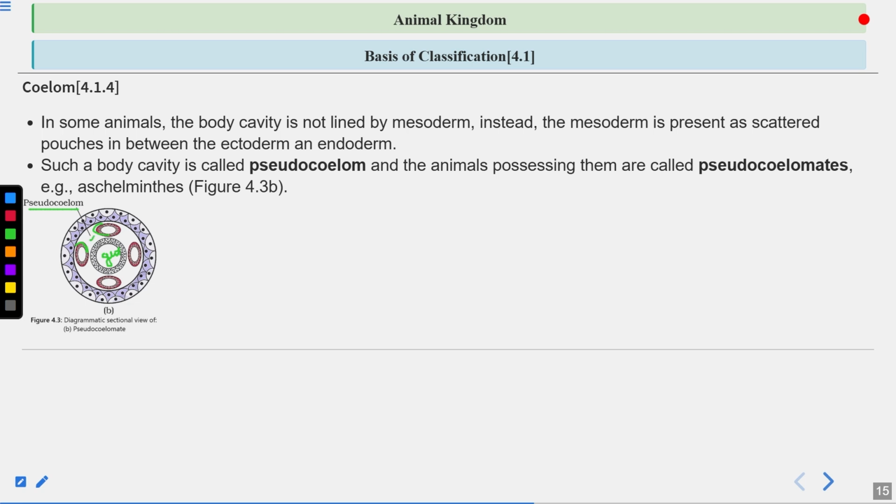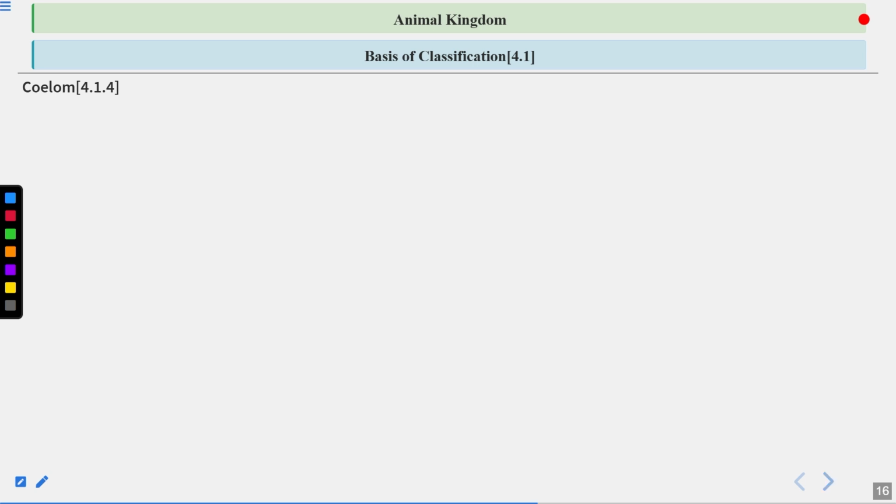So these body cavities are of the pseudocoelom type. The body cavity is there, but it is present in small pouches, and the cavity is not lined by the mesoderm. So such cavities are called pseudocoelomate. And a very good example is the Aschelminthes, the roundworms.